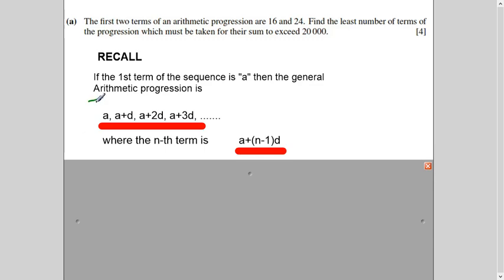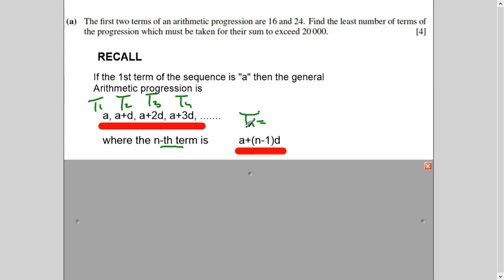And the reason is, if you see here, this is term 1, term 2, term 3, term 4. So the fourth term has 3d, the third term has 2d, the second term has 1d. That's why when we say nth term, which means Tn, it means a plus (n minus 1)d, right?